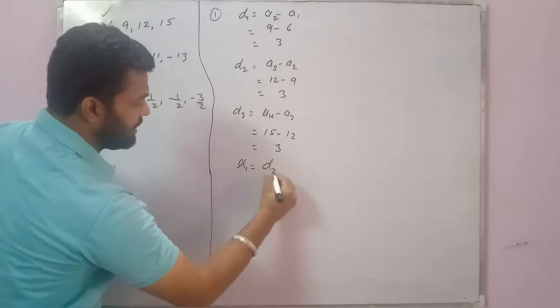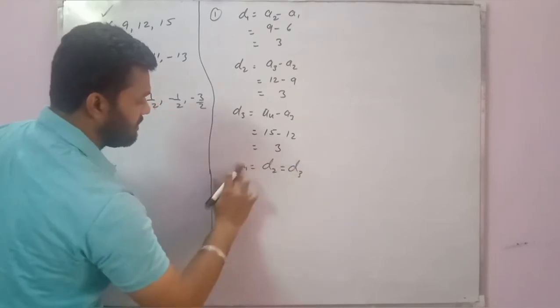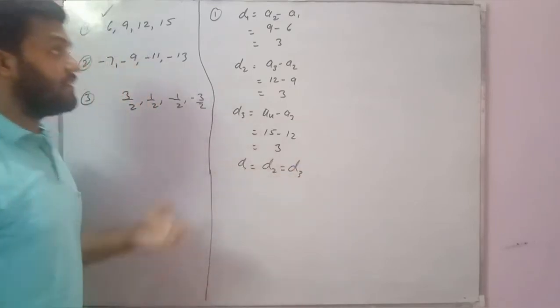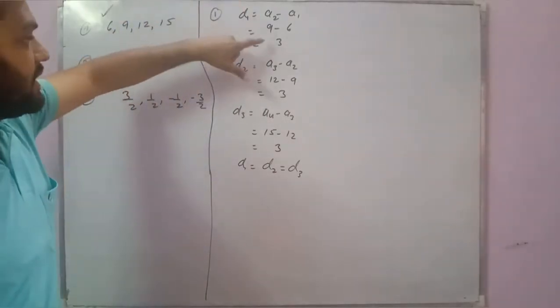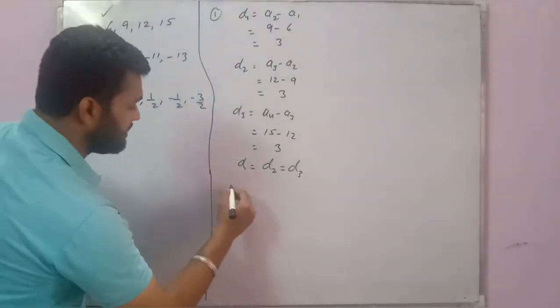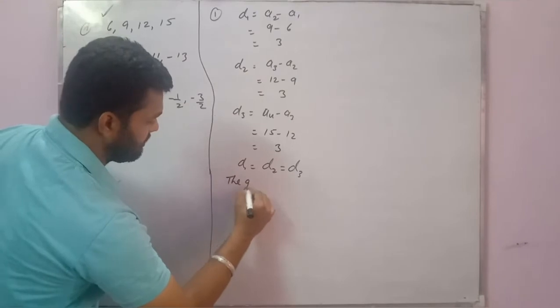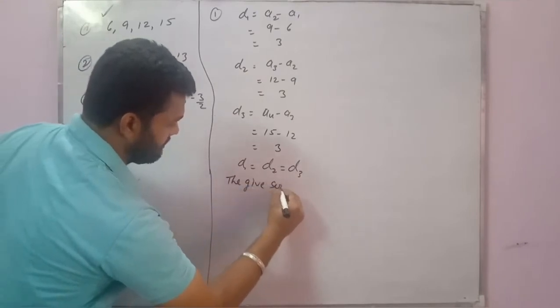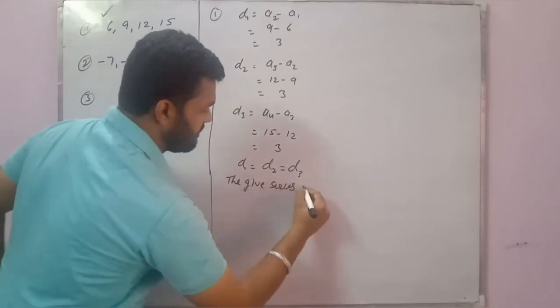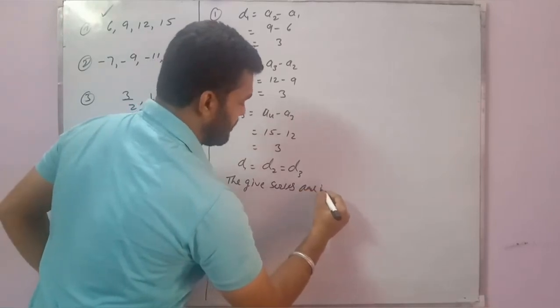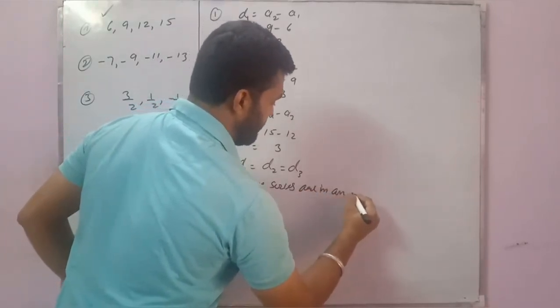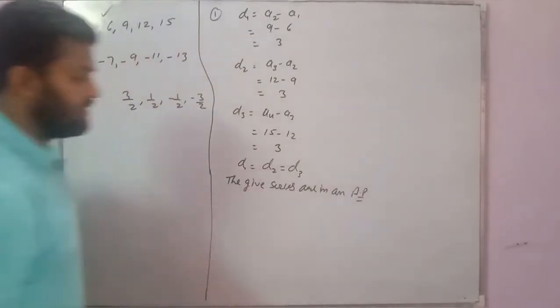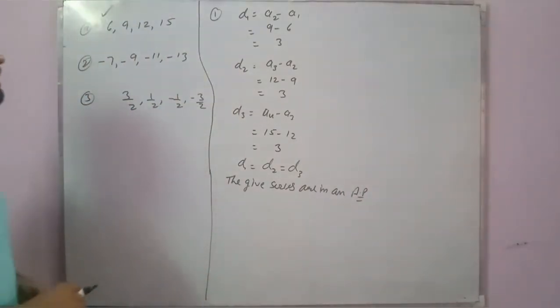D1 equals D2 equals D3. The difference between each consecutive term remains the same. It means the given series is an AP. This is the solution to how to find whether it is an AP or not.